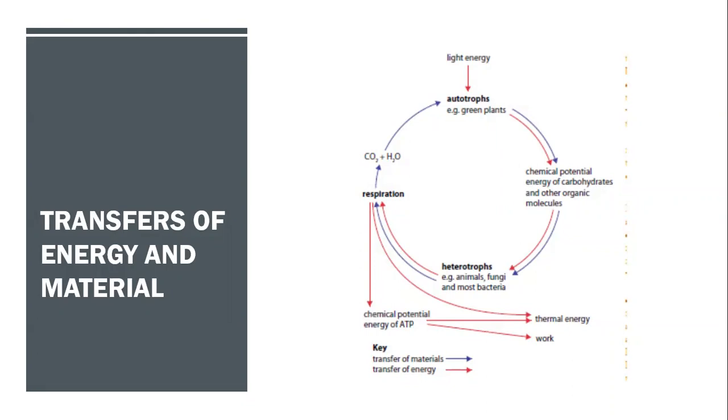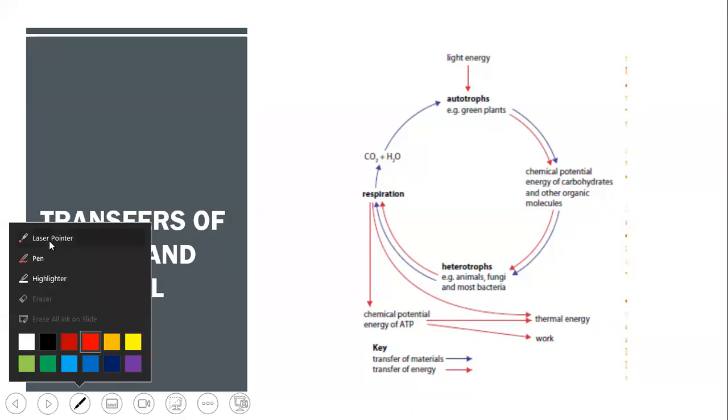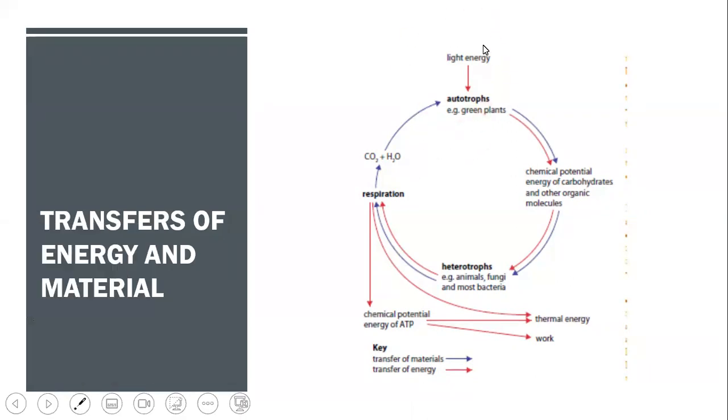Autotrophic organisms, or autotrophs, are organisms that can make their own organic compounds from carbon dioxide, mostly by the process of photosynthesis. They capture energy from the sun and turn it into chemical energy, and that chemical energy will lead to the formation of glucose, and glucose can then be turned into starch.